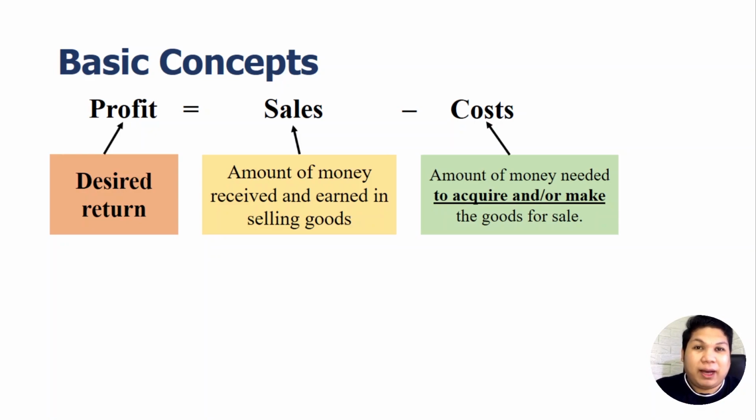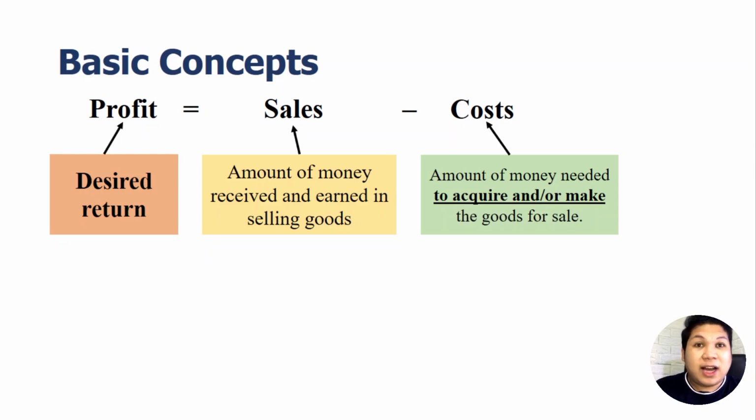Whatever amount you disbursed to acquire these goods, those are considered costs. And when you sell these goods, the amount you receive from your customer is what you call the sales. It's the gross amount that you receive from your customers after you sell the goods.